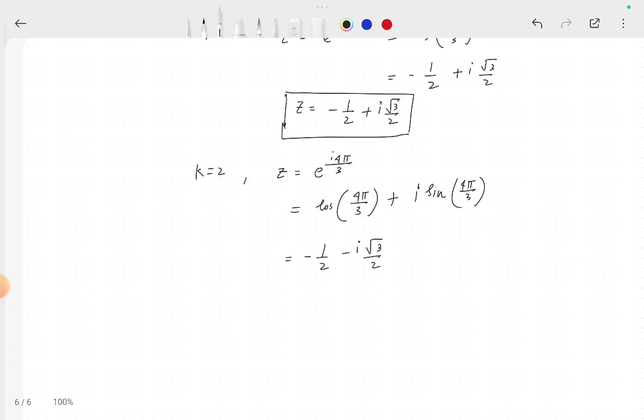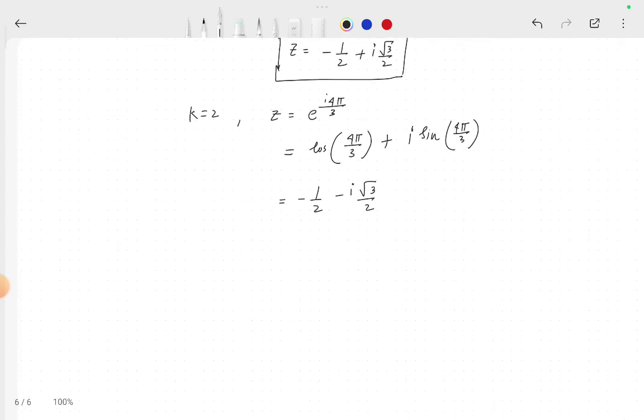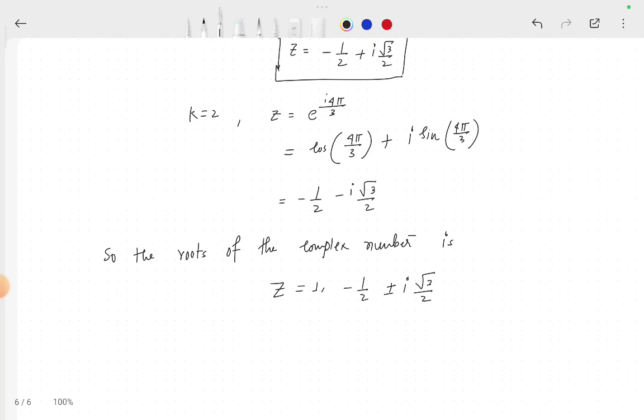So the roots of this complex number are z equals 1, and minus 1/2 plus or minus i root 3 by 2. This is the way you can calculate the root of any complex number.